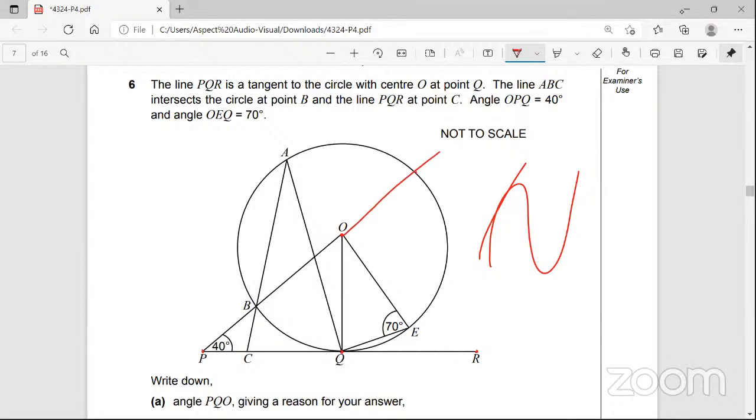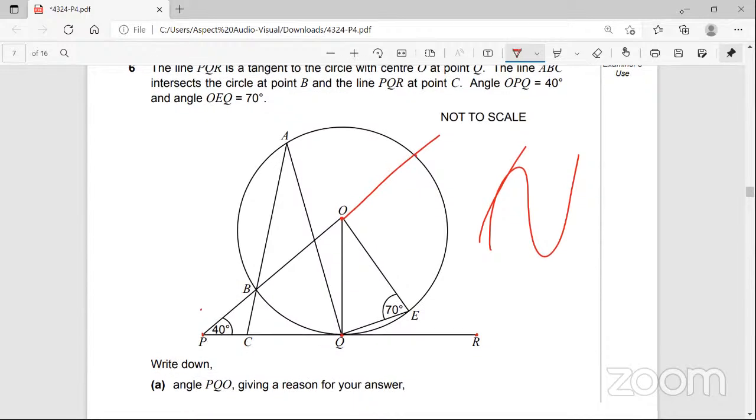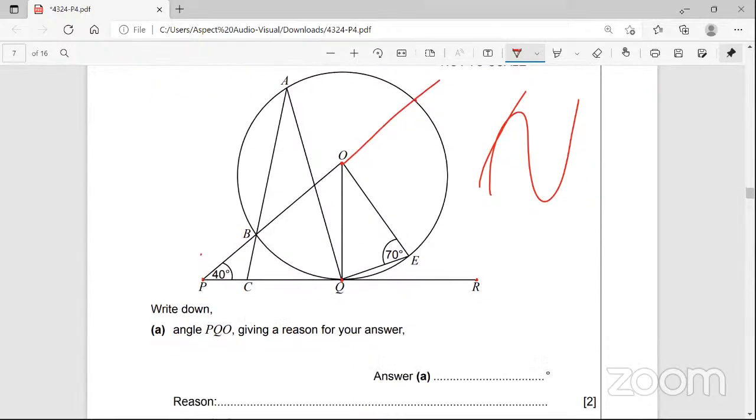But this line, even if it goes on, it will only touch at that point. Finish. So that's what the tangent line means. If I draw another line like that, it's not a tangent line, because it's touching two points. So a tangent line specifically only touches at one point. Okay?